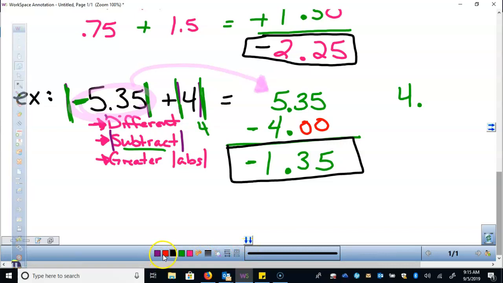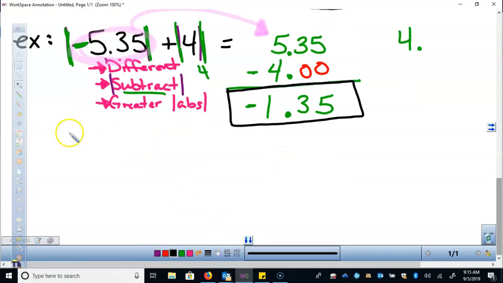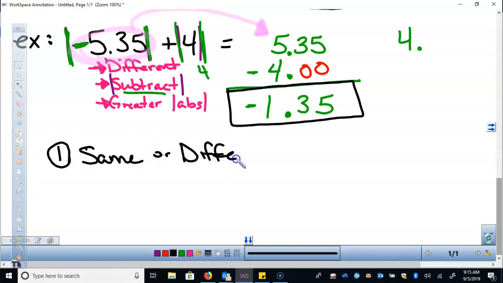Okay, let's move into fractions. We're going to use the same rule. Super nice, right? So basically we're asking ourselves 3 things. First, we're going to ask ourselves, are they the same sign or different signs? Then, are we going to add or subtract?